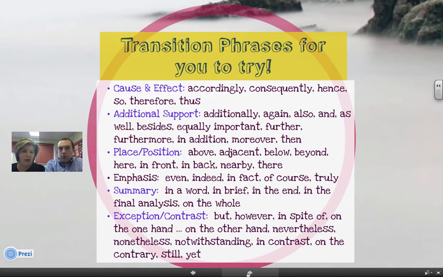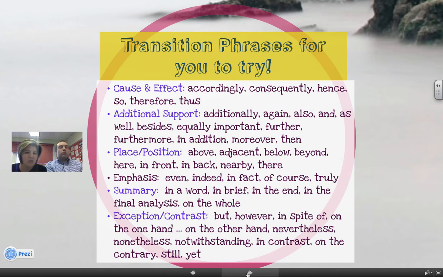So when you're writing, we want you to be aware of your transitions, and here we've given you a list of transitions to help you along the way. I notice a lot of times when people are using their transitions in their writing, you're using a lot of generic ones like firstly, secondly, in conclusion. Here's a list of some additional transitions you can use to try to make your writing more fluent.